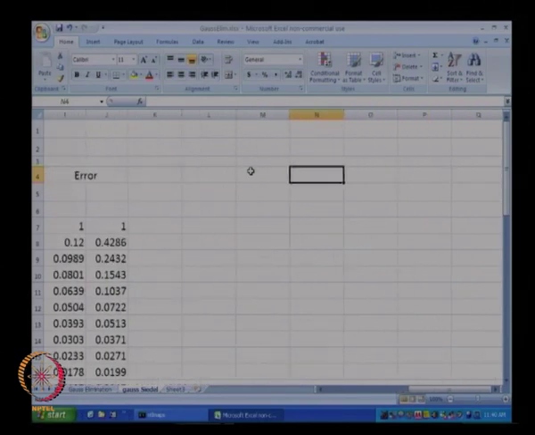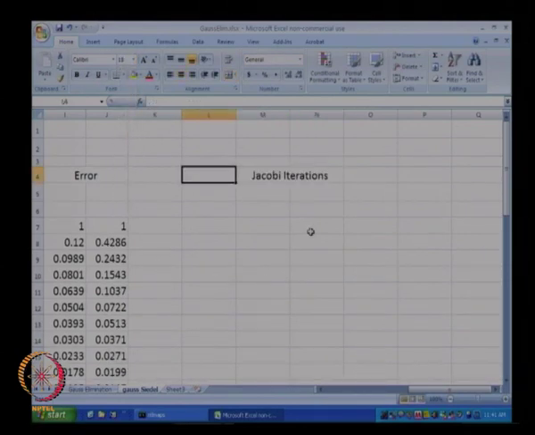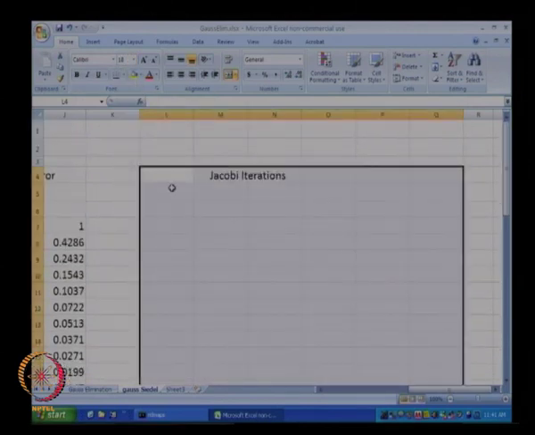And just the way we did for the Gauss-Seidel method, we will solve the Jacobi method in a similar manner. I will change the font size. Okay.